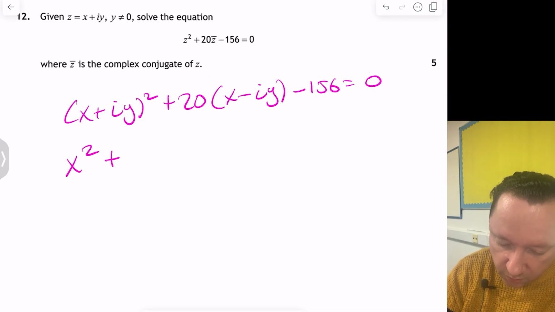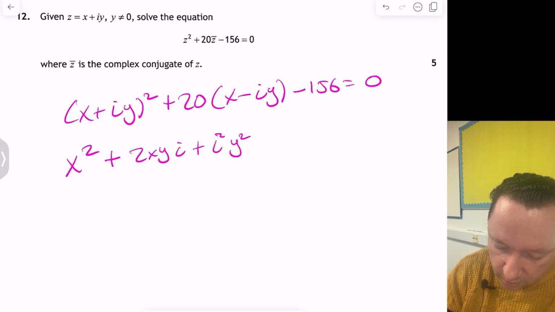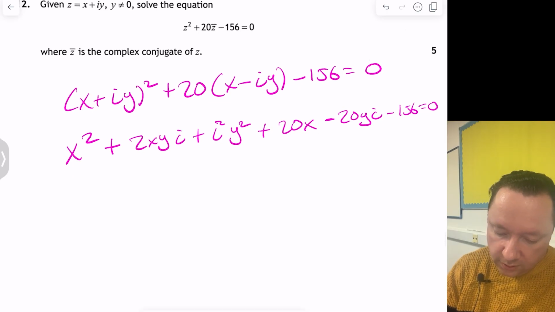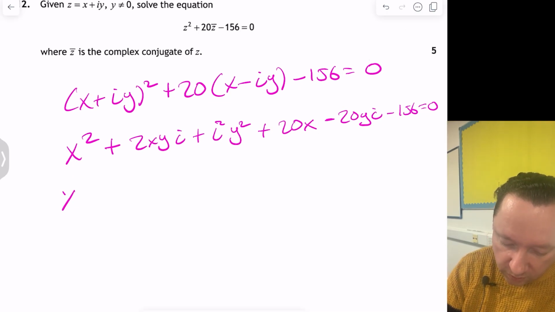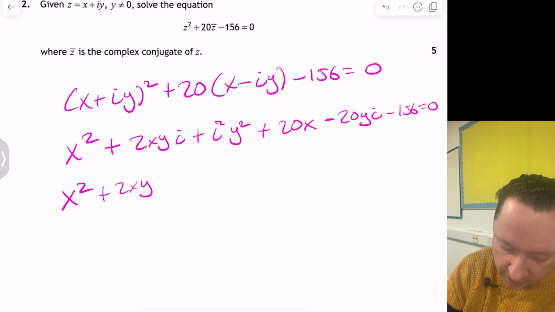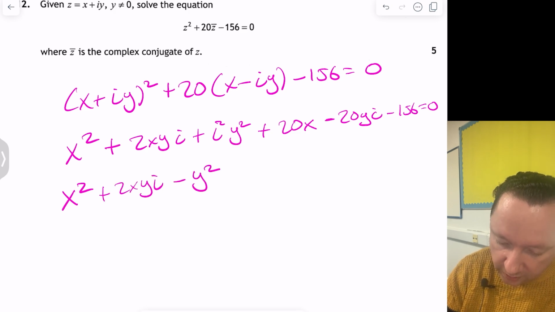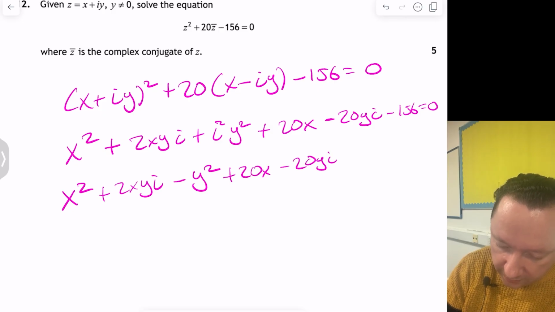x squared plus 2xyi plus i squared y squared plus 20x minus 20yi minus 156 equals 0. Let's collect all the real terms together. So I've got x squared plus 2xyi minus y squared, because i squared is minus 1, plus 20x minus 20yi minus 156.